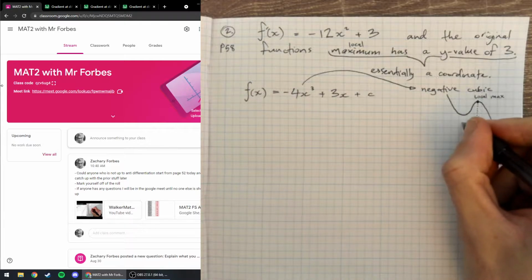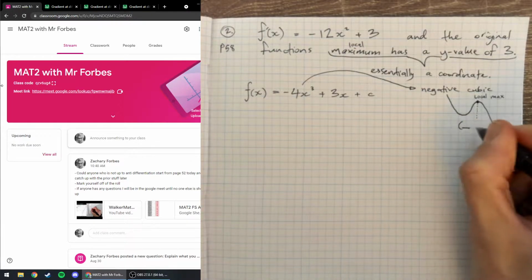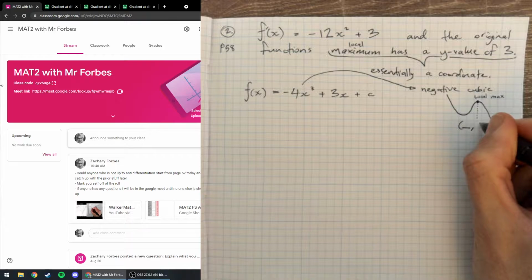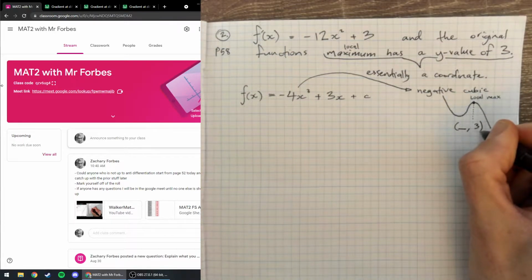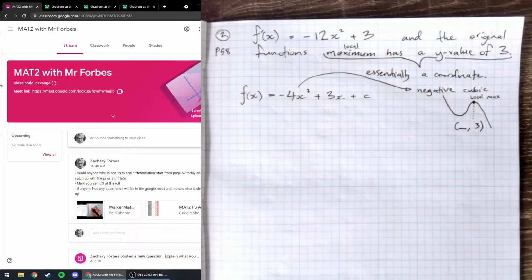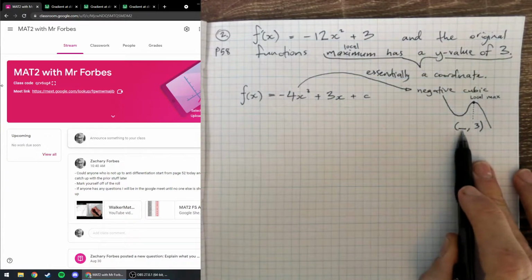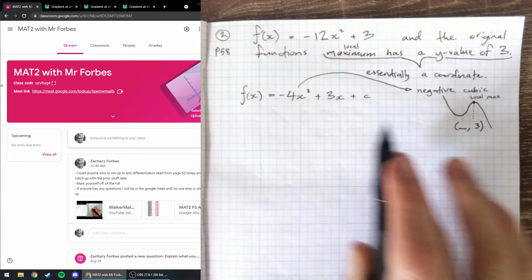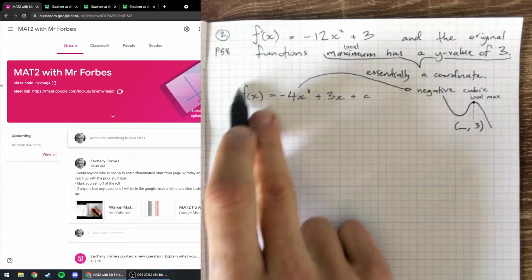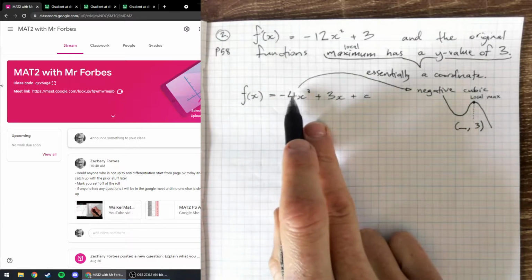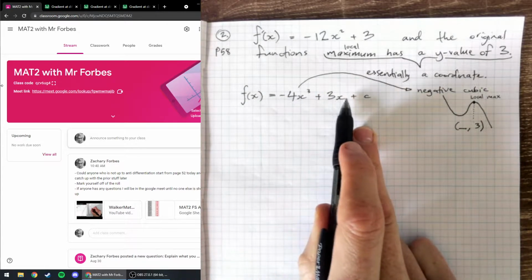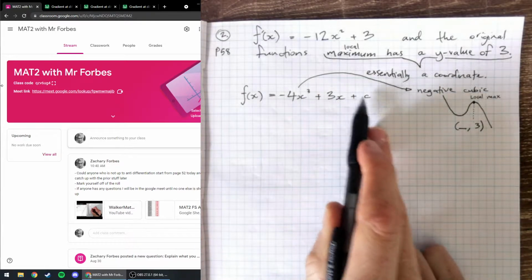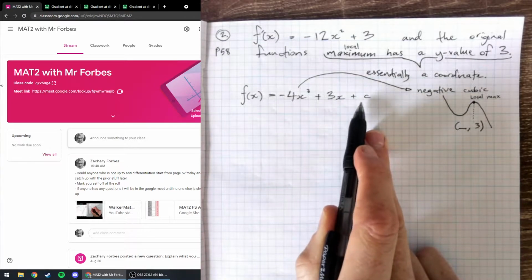So right now what we know is it's something, comma, 3. This is all we know about our coordinate so far. So we're going to have to find a way to get our x coordinate, because we need our output value, our y, and we also need a value for x so that we have only one unknown in our equation so that we can solve for that unknown.